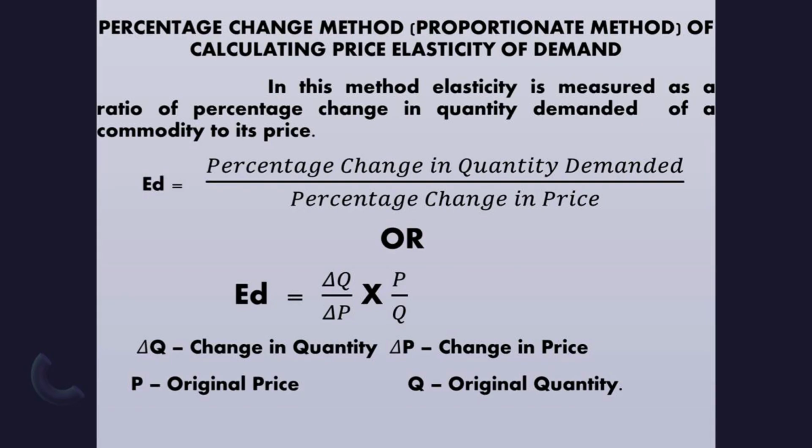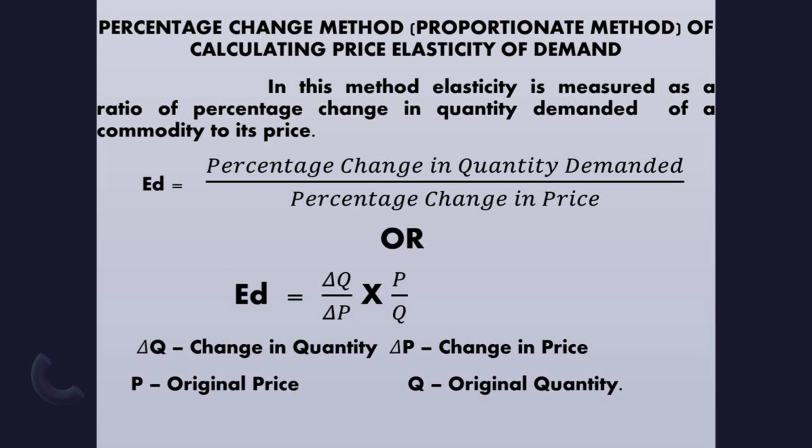Students, now we are going to discuss the percentage change method, that is, the proportionate method of calculating price elasticity of demand. That is how we are going to calculate that price elasticity. In this method, elasticity is measured as a ratio of percentage change in quantity demanded of a commodity to its price.